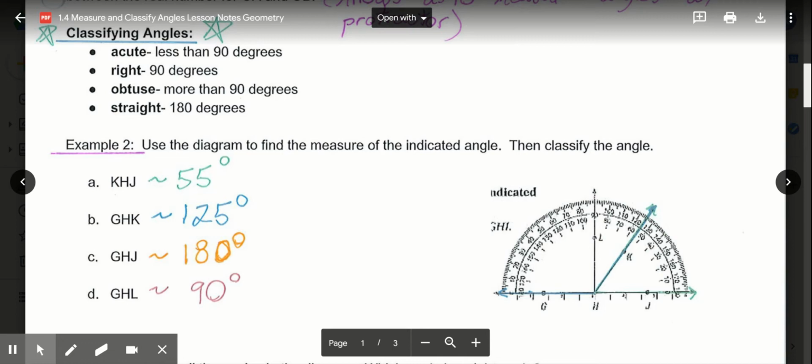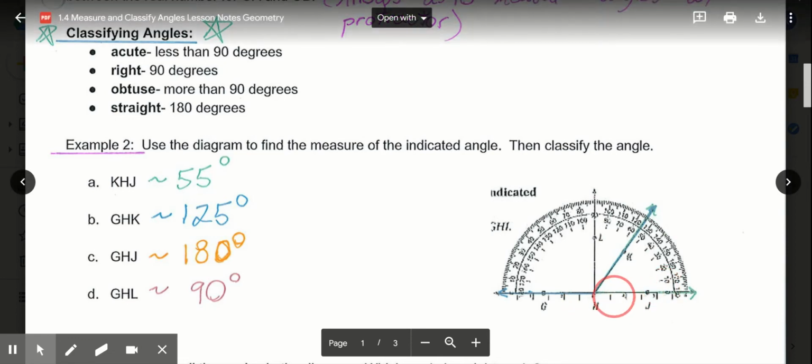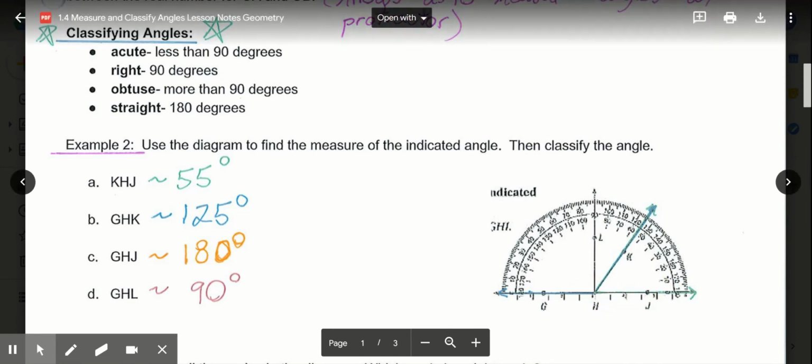Remember, when you're measuring an angle using a protractor, you always want to line up that little dot or opening, the bottom of your protractor, with the vertex, and then make sure that the 0 is lined up with one of the sides. So the first one they ask us to measure is angle KHJ. So from K to H to J. KHJ.